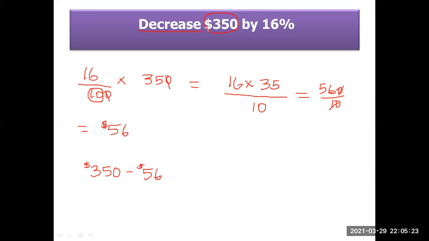And what does that leave us with? $314. So when we decrease 350 by 16%, we'll get $314. And you notice how the amount that we just calculated here is less than the one that we started off with, because we're decreasing. Final example, let's do our final example.